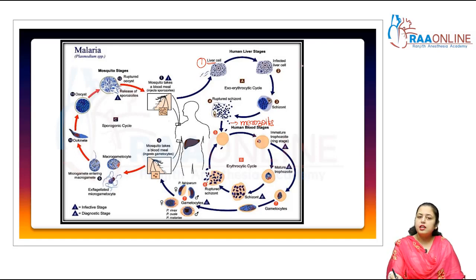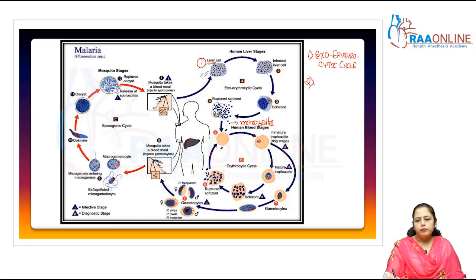The whole malarial cycle is divided into three parts. The first one is the exoerythrocytic cycle.